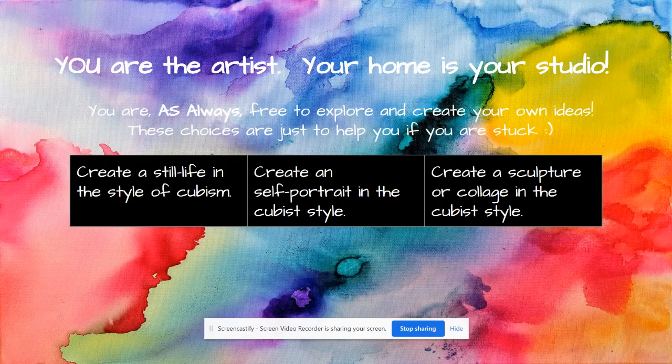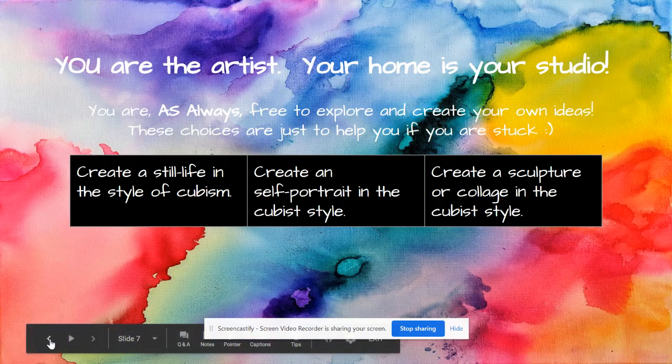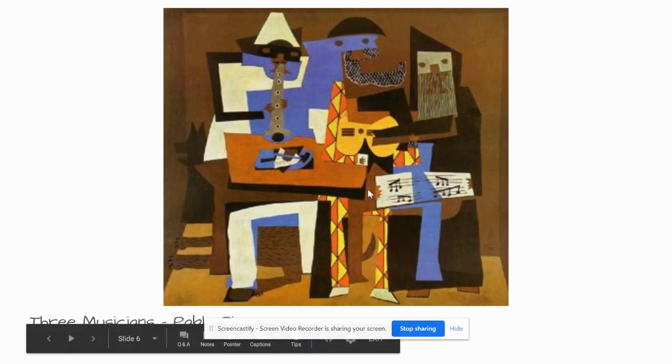Or you could try to do a sculpture or a collage, actually cutting out the paper from magazines and kind of putting them together to make those shapes, much like we saw here, right? Your newspapers, magazines, and you can always color and paint on top of that as well.